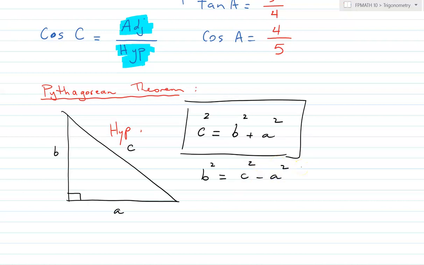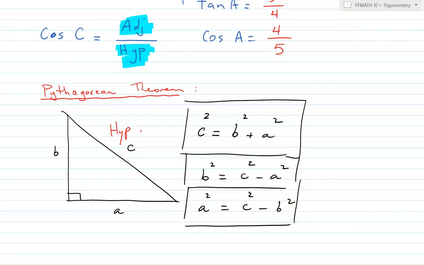Okay, so that would be one set of equations. The next one, if you want to use, will be the same thing, but in this case would be hypotenuse squared minus b squared. So all of these are basically different variations of the Pythagorean theorem.